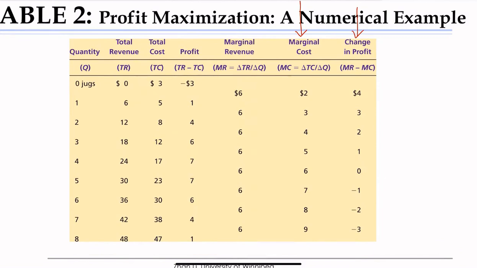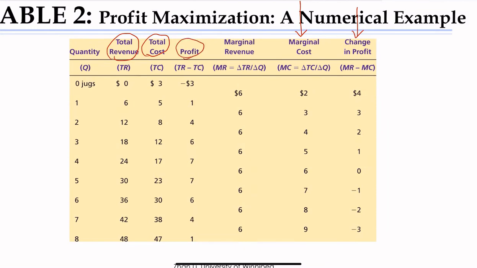So let's think about the firm's profit maximization problem. Essentially, we want to understand when this firm is maximizing its profit. So obviously we have to understand what is this firm's total cost. If we have the firm's total revenue and total cost, it's very easy for us to calculate the firm's profit.